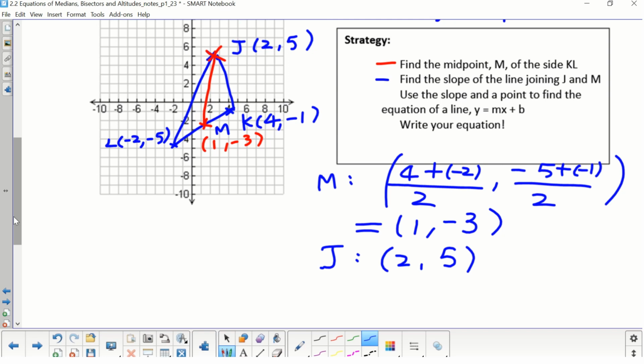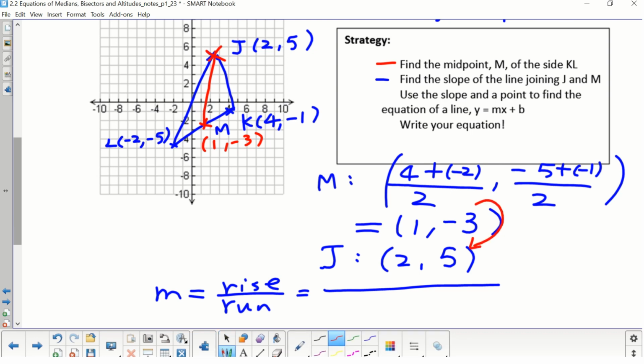That is finding the slope, m and b. How to find the slope of these 2 points? Rise over run. So the rise is the difference of y. From -3 to 5, what goes? You could use the formula y2 minus y1 over x2 minus x1, then 5 minus -3 over 2 minus 1.